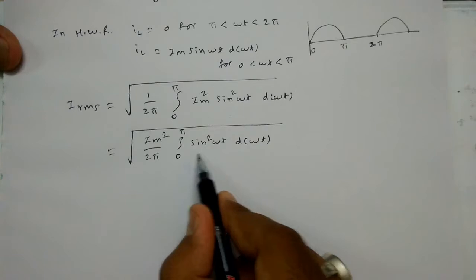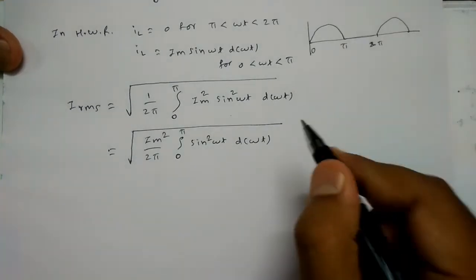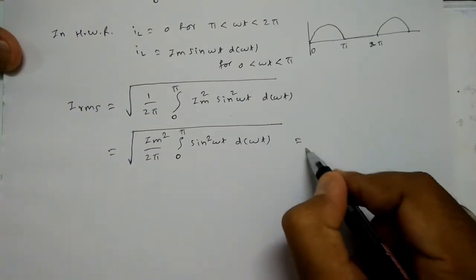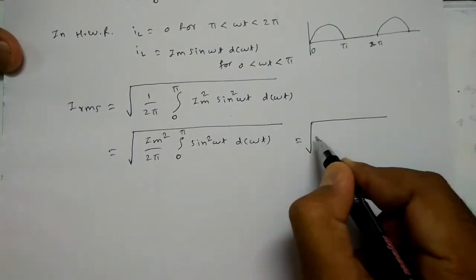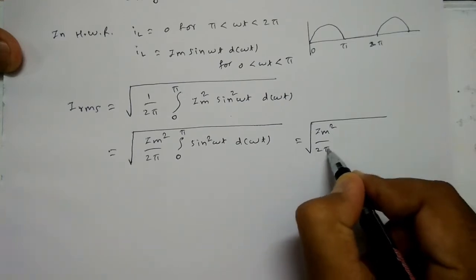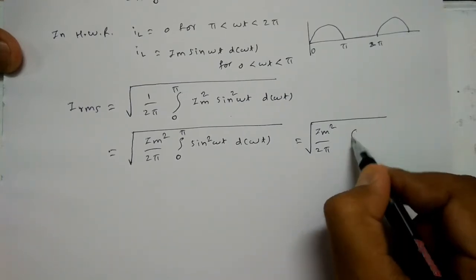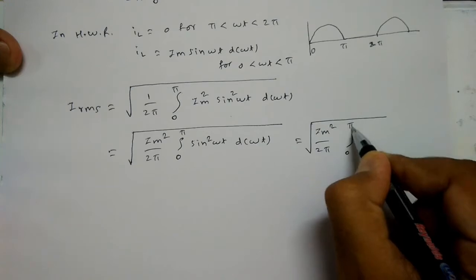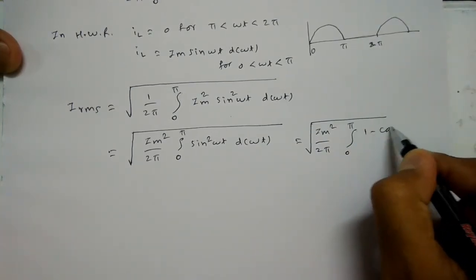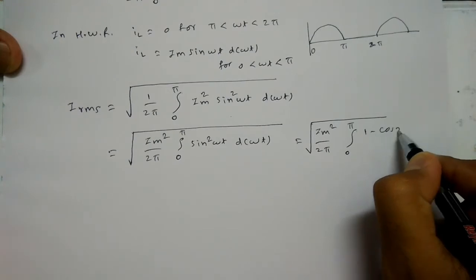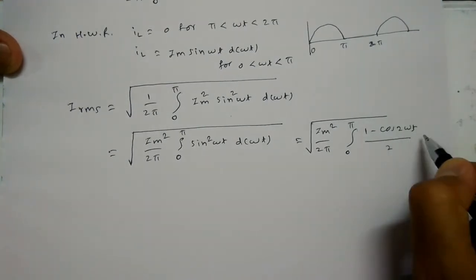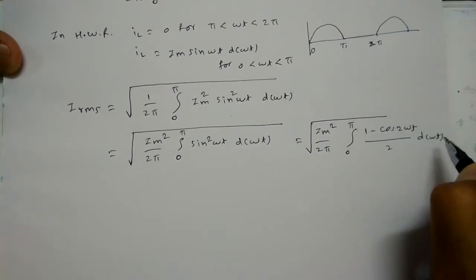Now this term sine square omega t can be written like, you all should be knowing this, we will write it as Im square divided by 2 pi, and this integration as it is. Instead of sine square, what we can write? We can write 1 minus cos 2 omega t divided by 2 d omega t.